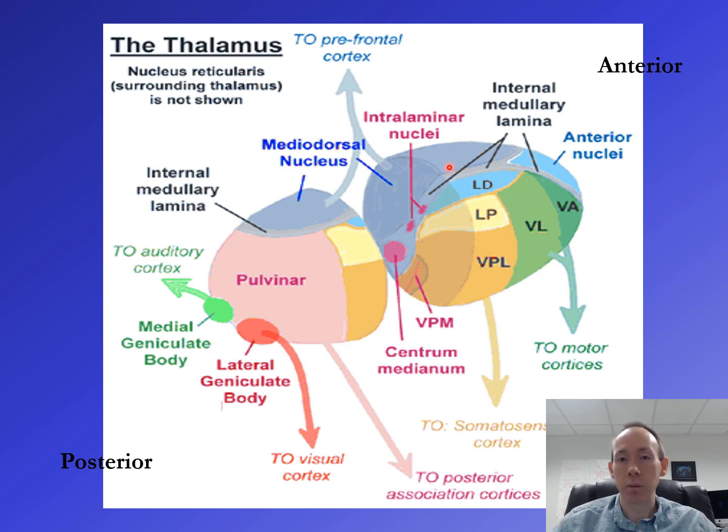Or if you're interested more in cognition or some planning or memory aspects, then we can look at other areas of the thalamus. So again, a little bit of the anatomy helps us care about the MRI. We have an MRI. Really, why do we care? It's so we can look at the brain, so we can look at behavior.